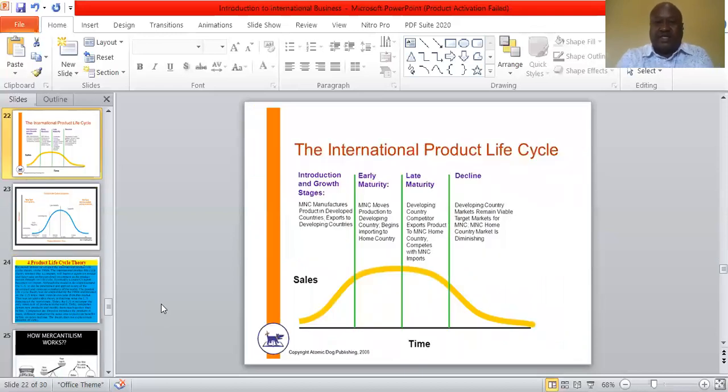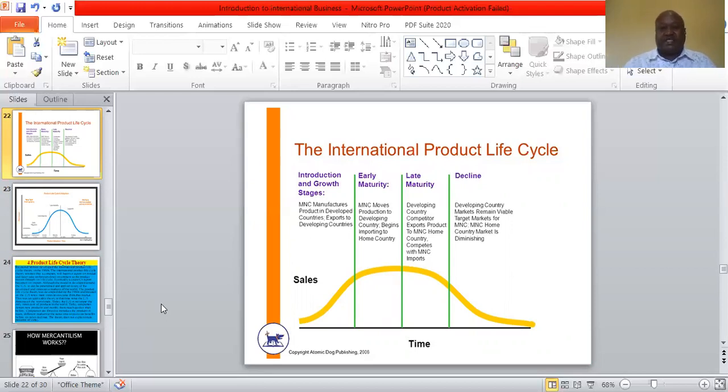We can also look at the international product life cycle to actually illustrate the above points better. You may understand as you look at the screen that in the beginning, introduction and growth stage, multinational corporations manufacture products in developed countries and export to developing countries.